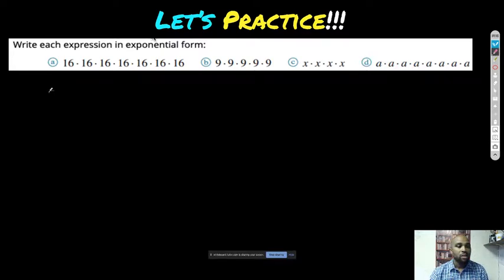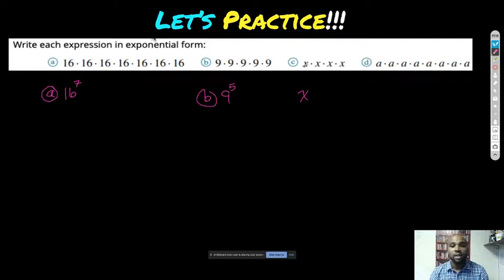All right. You should have worked it by now. A should be 16. How many 16s are being multiplied? 1, 2, 3, 4, 5, 6, 7. 16 to the 7th power. And what about B? Well, there is a base of 9 being multiplied each time, 5 different times. So the exponent of 5, 9 to the 5th. And for C, we have a base of x. This one's interesting because we say, oh no, where did the numbers go?